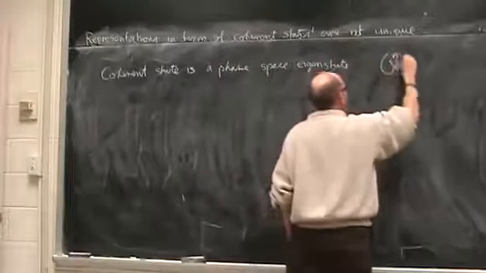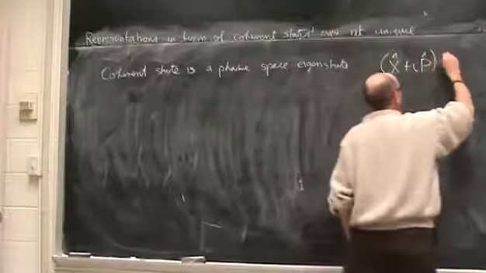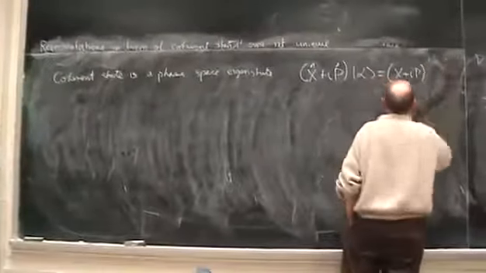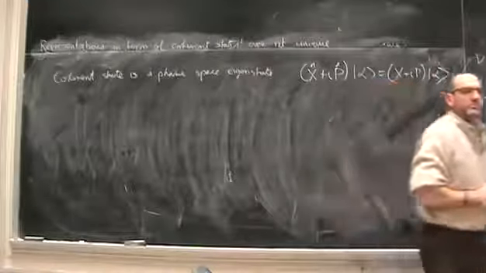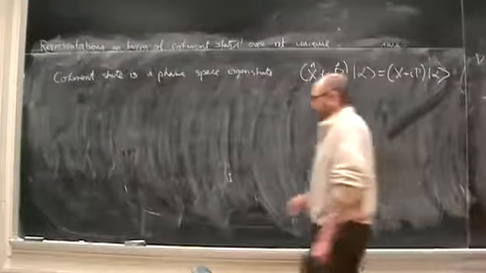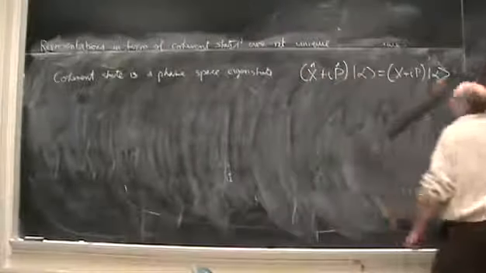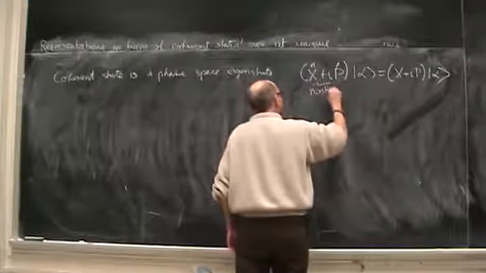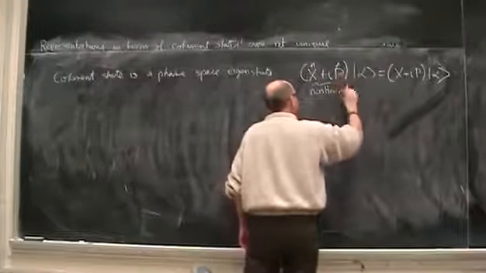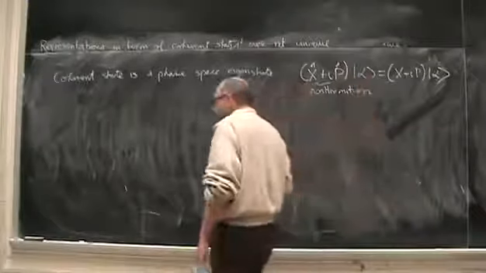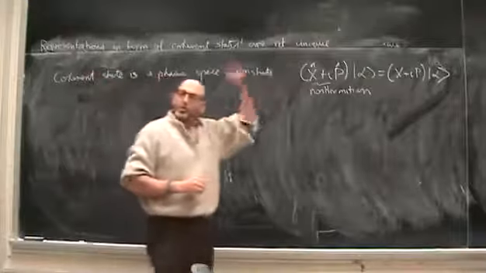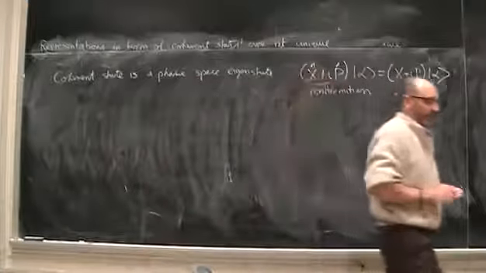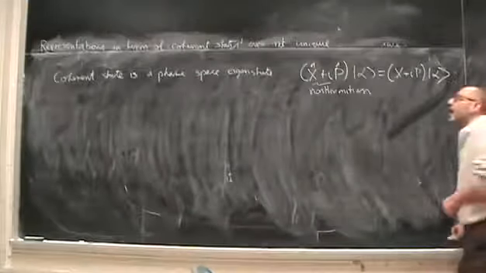That's to say, it's an eigenstate of some combination of X and P, not just X or P alone, and this is non-Hermitian. And so these are not orthonormal. This is not an orthonormal basis. We know that the eigenstates of Hermitian operators form an orthonormal basis, but not of non-Hermitian operators.